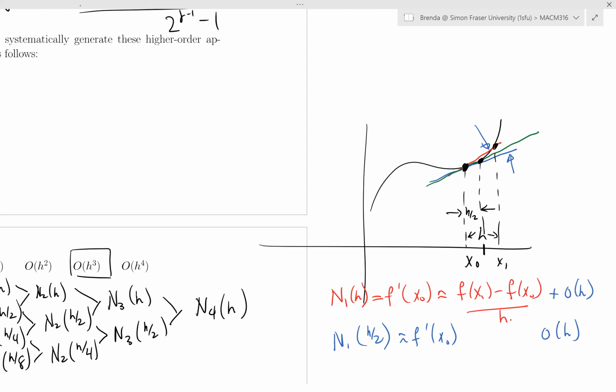Then if you don't think that's fine, you divide the interval again, go h over 4, and do the whole thing again. So you're using the same type of approximating with different interval sizes, and then combining those to get a better estimate overall. That's the idea. It works not just for differentiation, it works for any approximation that has the kind of form that we have.